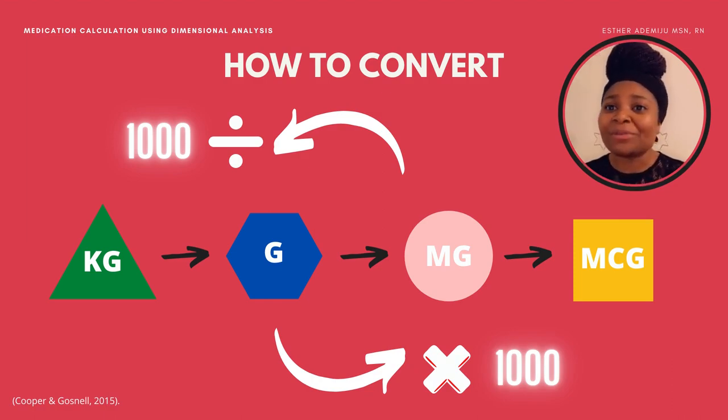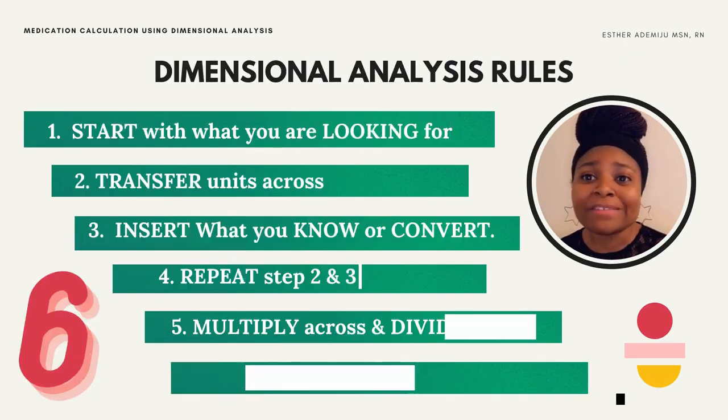But if you were going the reverse way, from gram to kilogram or from milligram to gram, you would divide by 1,000. So that's what this is basically showing you. It's a quick way to remember, oh, how do I convert from kilogram to gram? Oh, I multiply. How do I go from small to big? I divide.